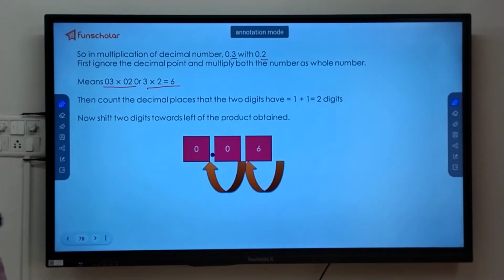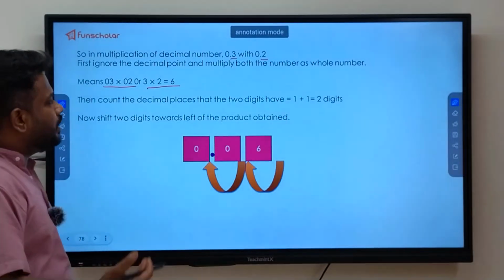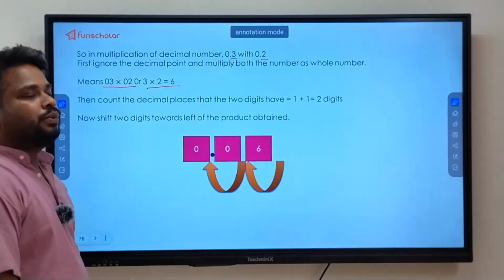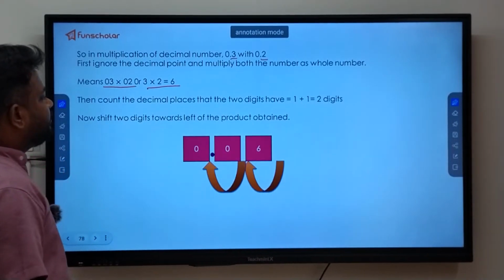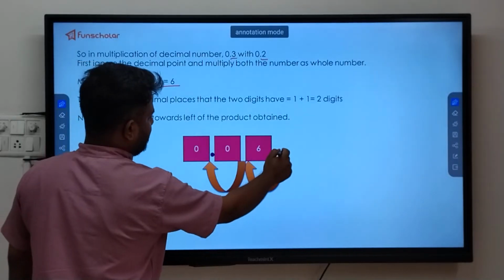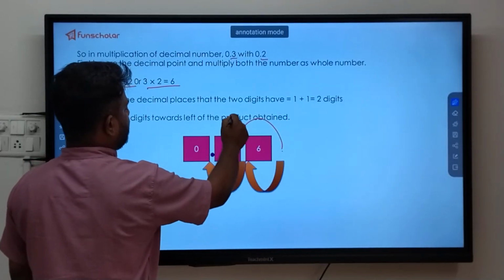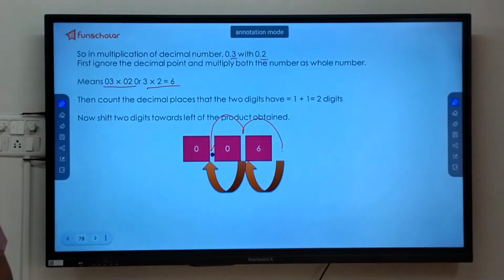Then count the decimal places that the two numbers have. After the point we are having 1 digit in each, so 1 plus 1 makes 2 digits. So now shift 2 digits towards the left of the product obtained. So the decimal point will go from here to here, and the answer will be 0.06. Okay.